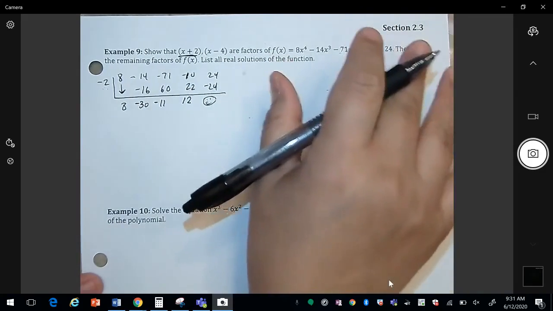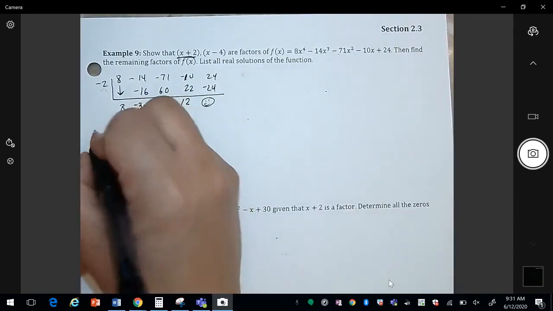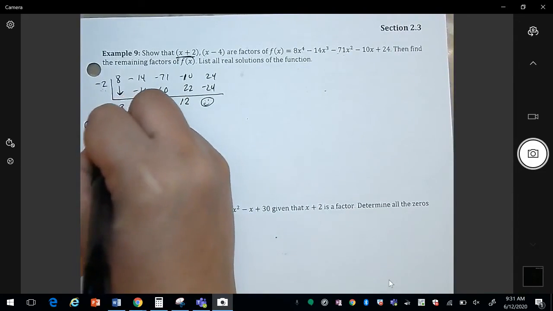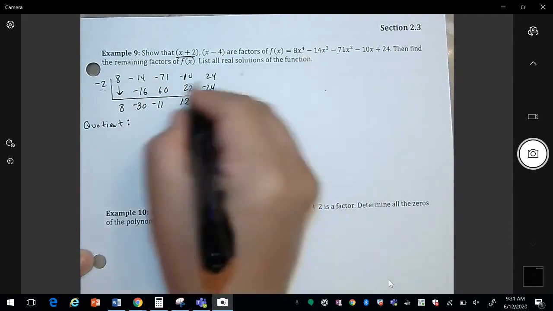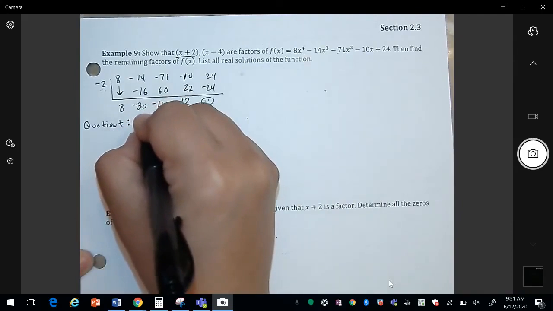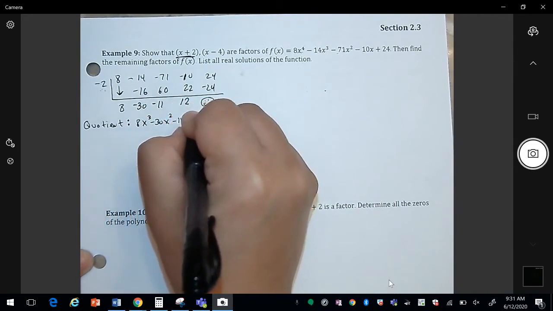So that's great. After we do the synthetic division, we want to know what the quotient is. Remember, it's 1 less power, so this was x to the 4th. So now we have 8x cubed minus 30x squared minus 11x plus 12.